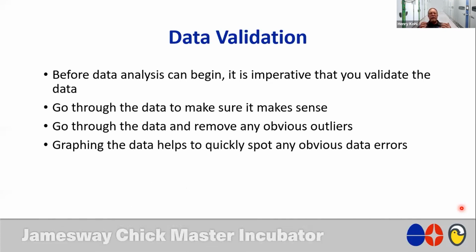If you've got an electronic format, you can quickly run a graph of the data. Visualization works for me. I can see quickly if there are any obvious data errors or outliers. It just makes my troubleshooting a lot quicker when I'm trying to validate this data.